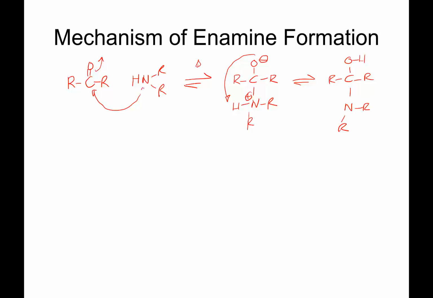This is still going to be done with heat, although it doesn't necessarily have to be done with heat. And so right now, I've done the addition part, but I need to redraw the molecule to do elimination.